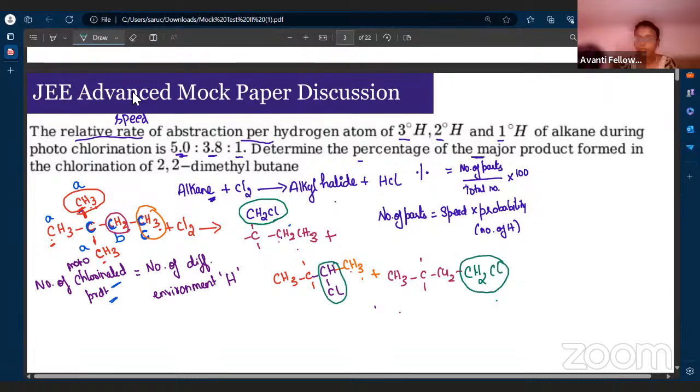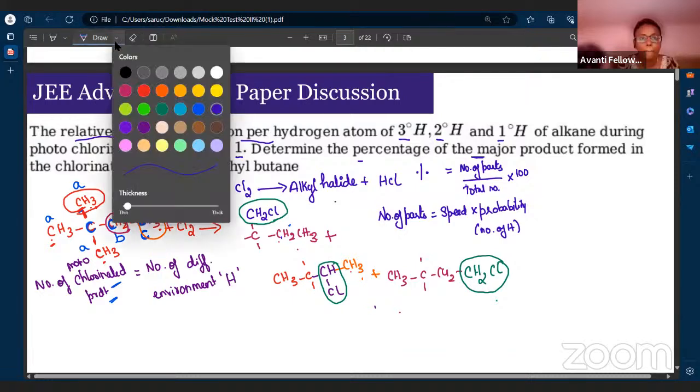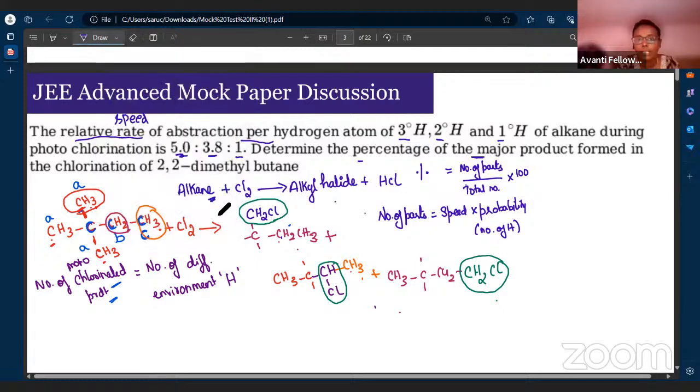Now to find out the major product. Clear with the products, right? How to find out the different environments and how to write the products. Are you all clear? Everyone? Yes. So now moving to how to find out the major product. Now tell me which one would be the major product? So this reaction, will it follow the ionic mechanism or free radical mechanism?